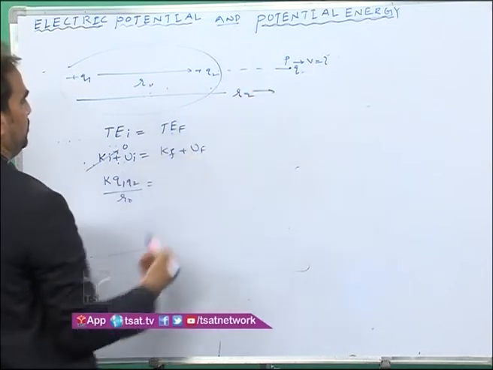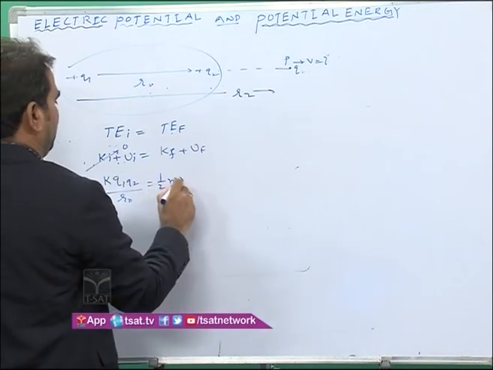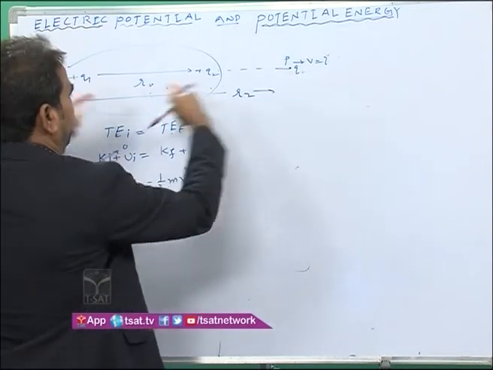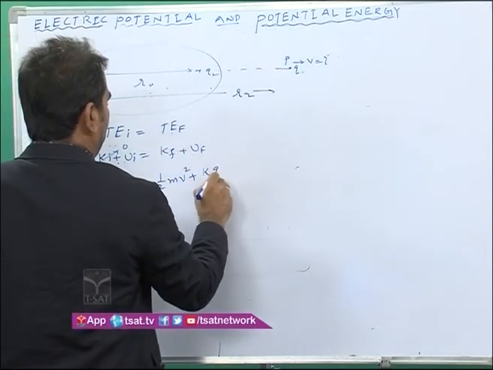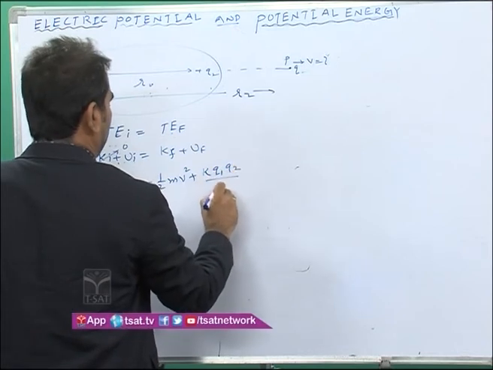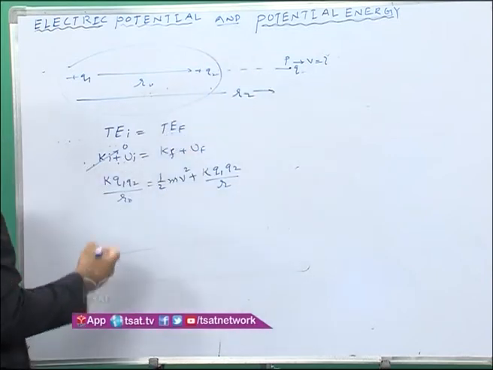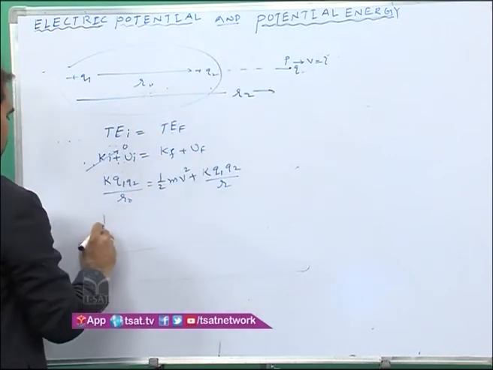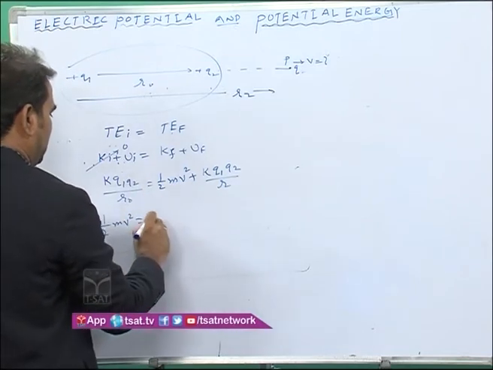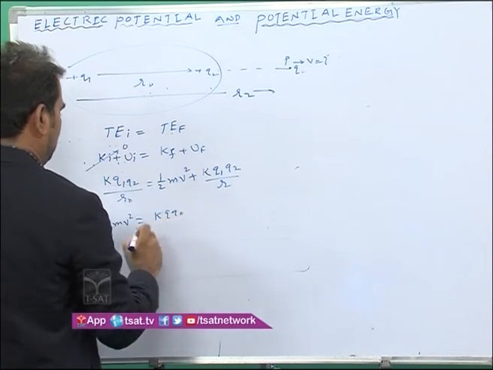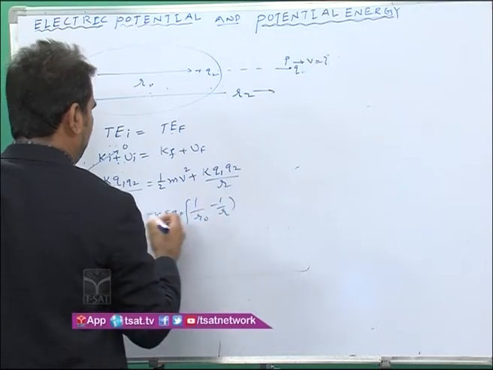The final kinetic energy of the system is half m v square plus the final electrostatic potential energy between these two charges, K into Q1 Q2 upon R. Now we have to calculate the velocity of the second particle. So from this equation, half m v square is equal to K into Q1 Q2 into 1 by R naught minus 1 by R.